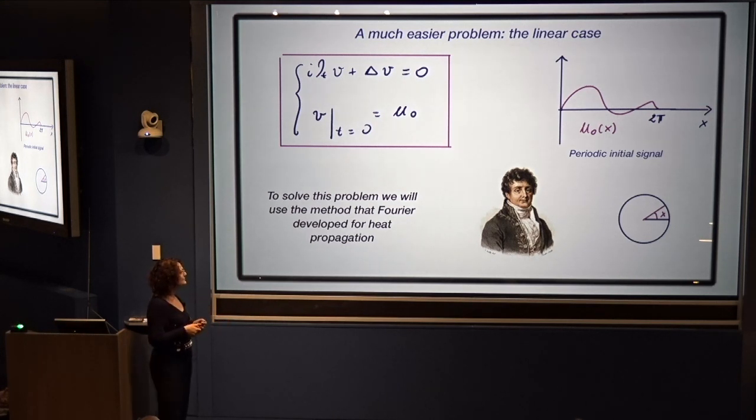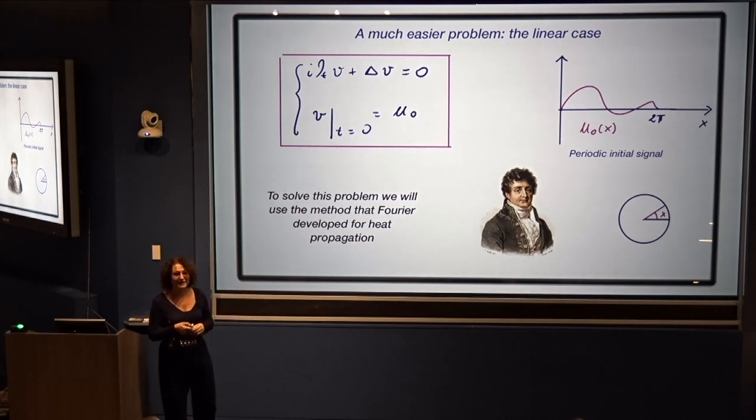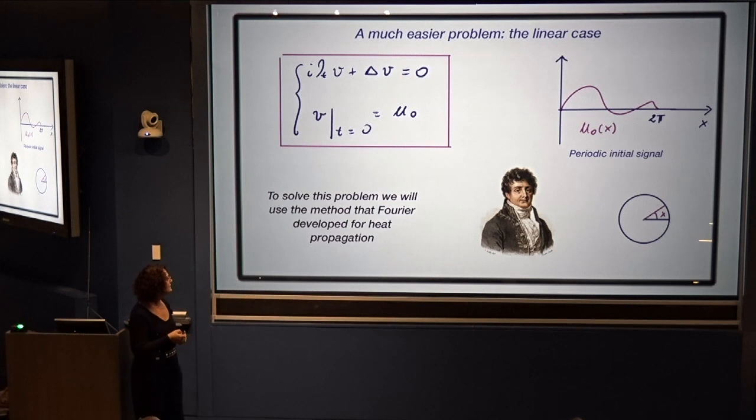And in fact, the explicit solution is obtained by using a method of Fourier that he introduced in order to study the heat propagation on an iron bar, for example. So my setting at the moment, an easy setting, is to assume that my initial profiles are going to be periodic functions.